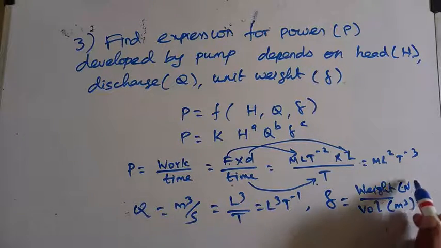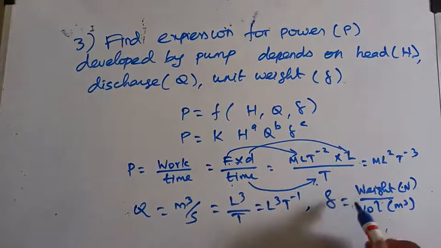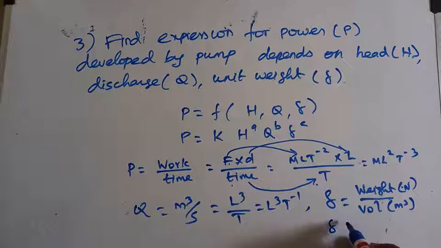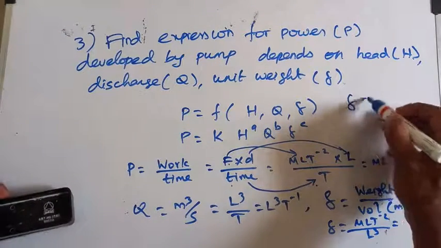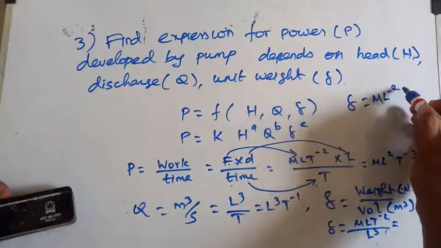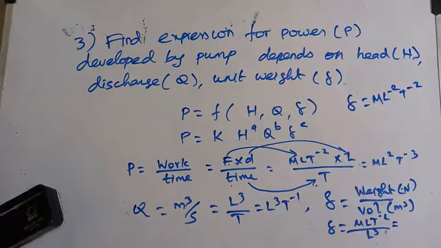For Newton, we know force's unit is Newton. So for Newton I am writing M L T power minus 2 by volume L cube. If I substitute, for unit weight I will get M L power minus 2 T power minus 2.